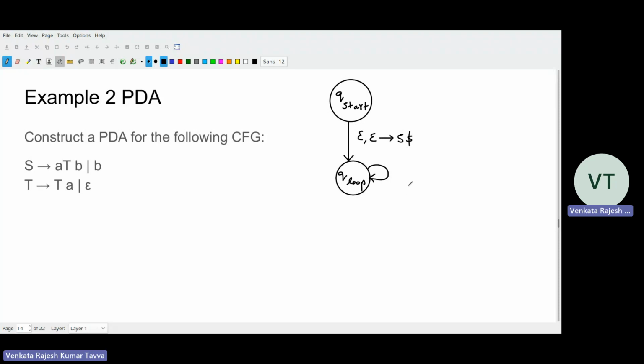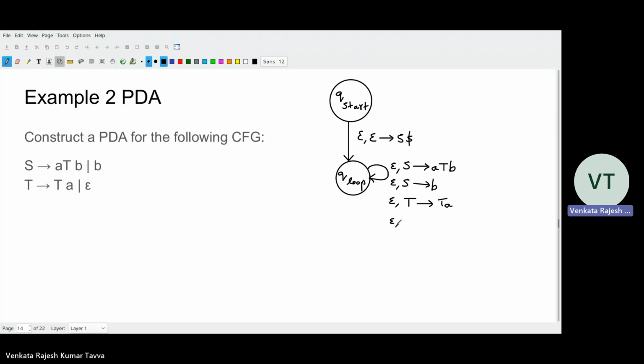All right, and for Q loop, first we'll look at the rules. What is the first rule? S goes to ATB. So here, what should I write? Epsilon comma S goes to ATB. We'll use the shorthand notation for now. Then epsilon T. Second rule is S goes to B. So that same I should write here, S goes to B. Then T goes to TA.